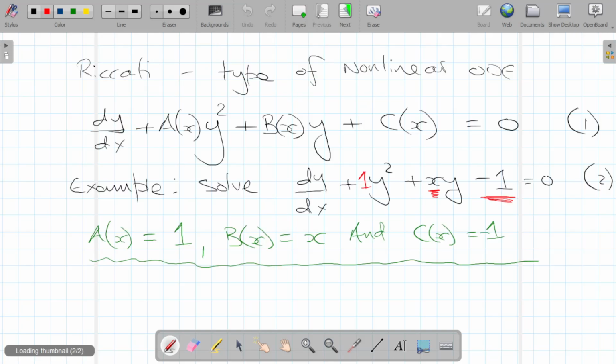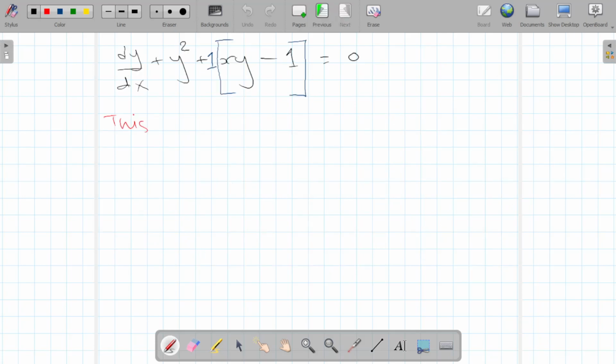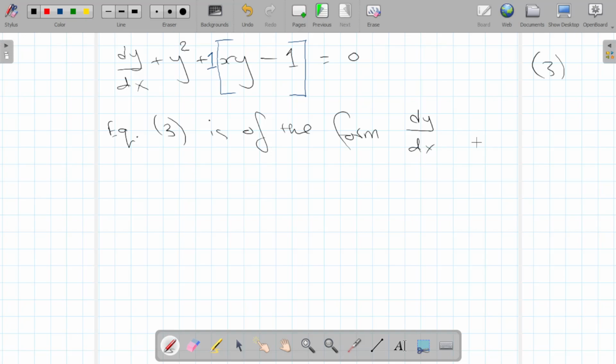We call this equation 3. So equation 3 is of the form, and I'll write the ODE here to save space: dy by dx plus y squared plus g of x times, in brackets, xy minus 1.